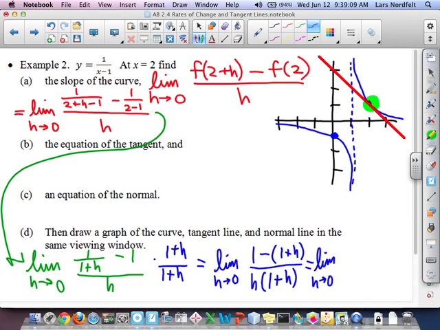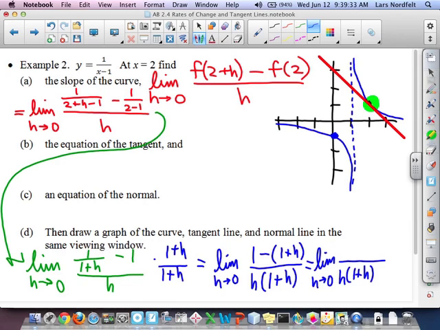So this is equal to the limit as h goes to 0. What do I get when I simplify this? What does the numerator become? Negative h, because this minus applies to both of these.